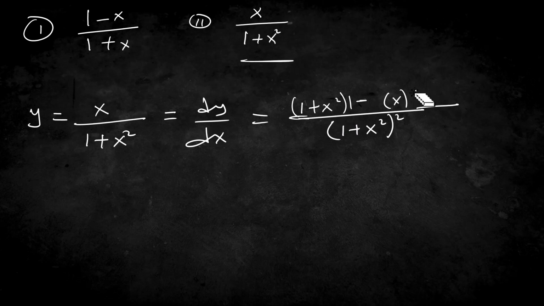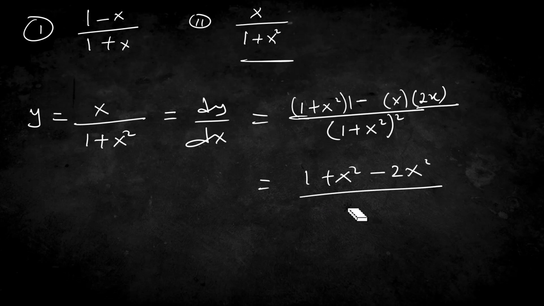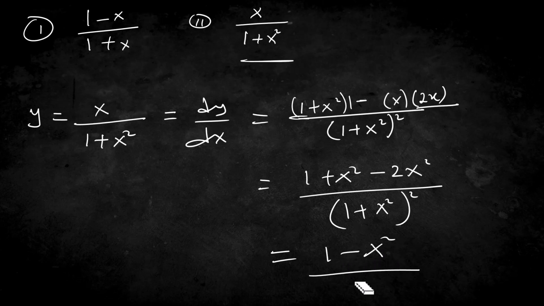So we have 2x. So we have 1 plus x squared minus 2x squared on 1 plus x squared all squared. So x squared minus 2x squared, we have 1 minus x squared on 1 plus x squared all squared.